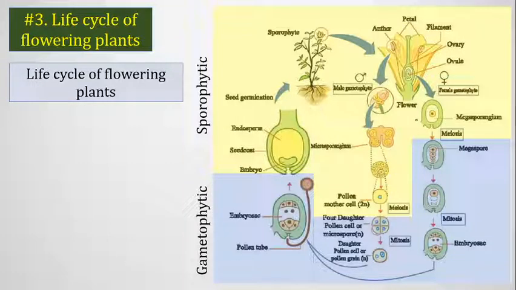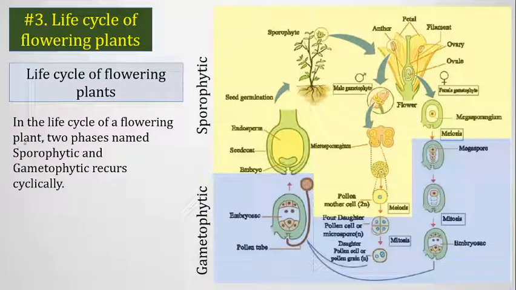This alternation of generation between gametophytic and sporophytic state alternates cyclically. That is why we say that the life cycle of a flowering plant has two phases that recur cyclically, generation after generation in a plant.